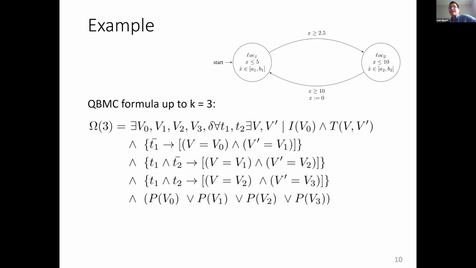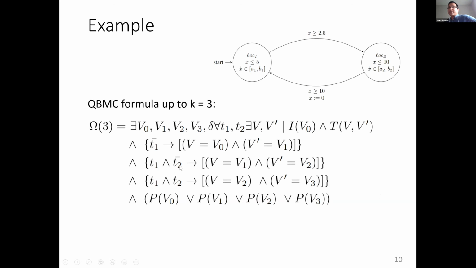Back to the example, where we show the BMC formula up to k equal to 3. With negative T1, we associate the current state equal to the initial state, and the next state may move to V equal to V1.